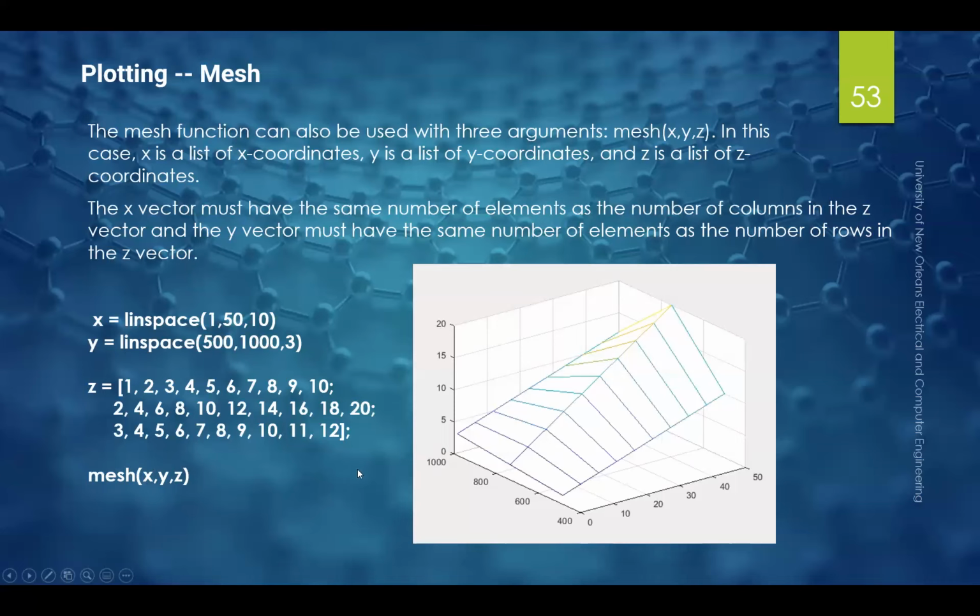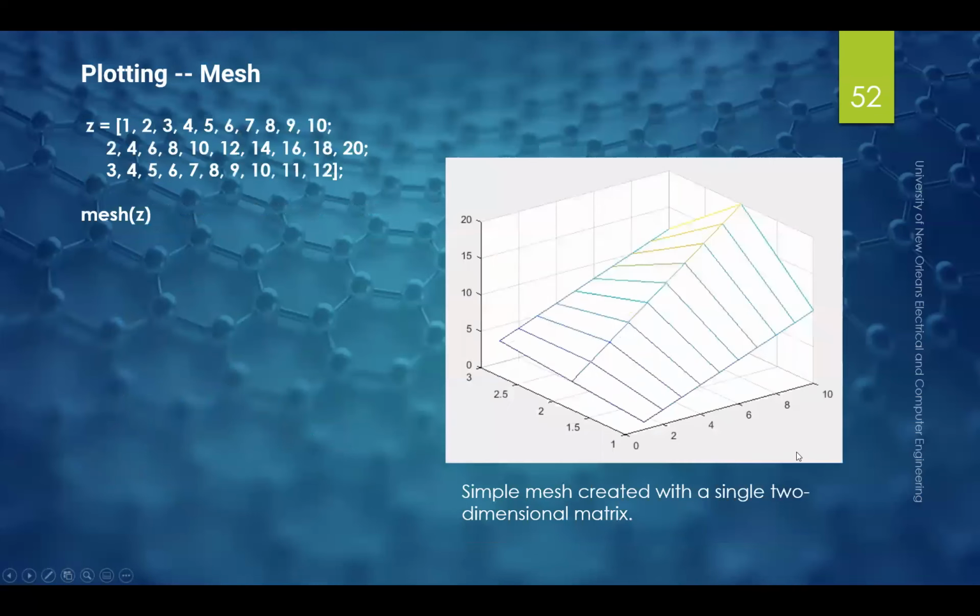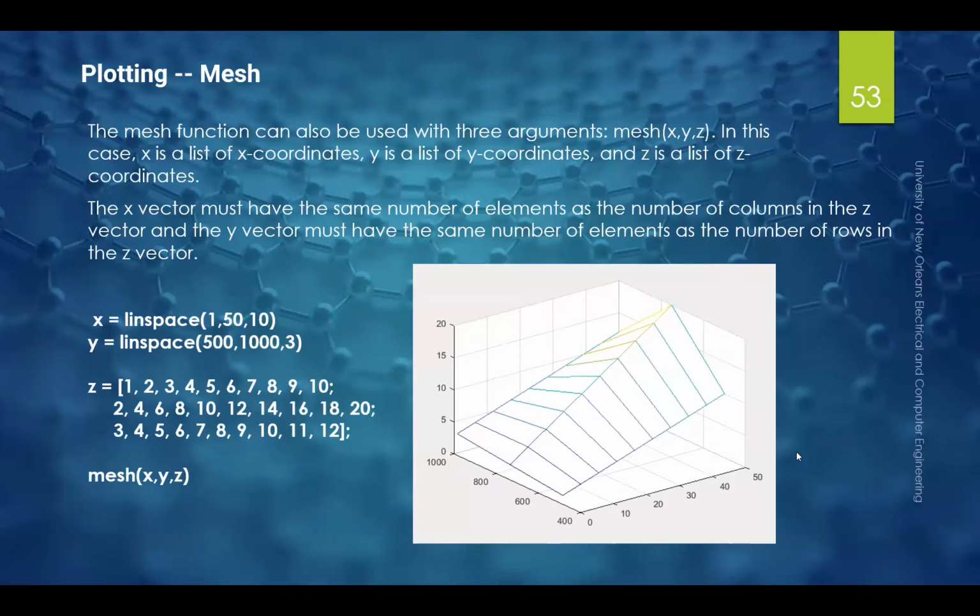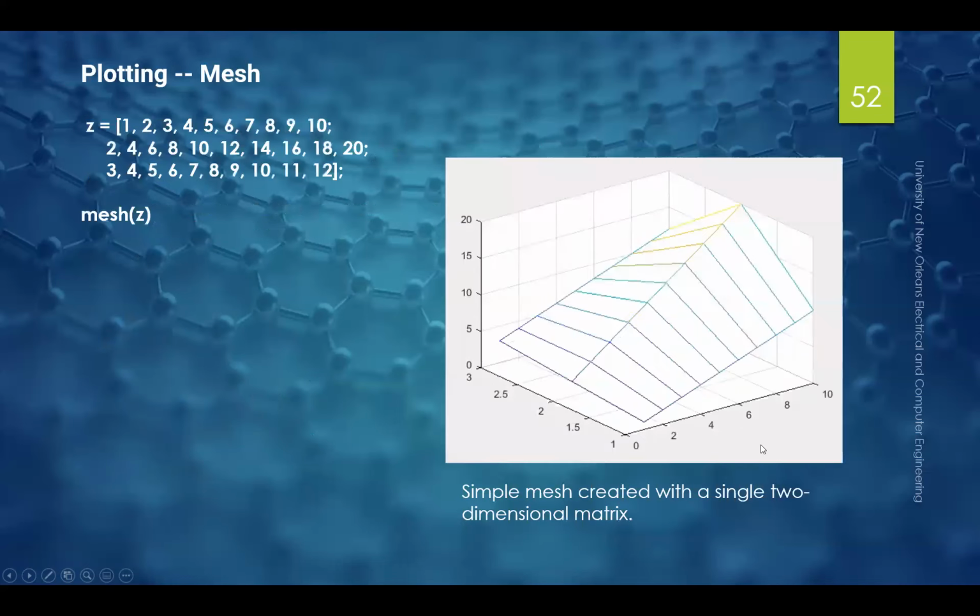Now it didn't change the shape basically, and it shouldn't change it. As you can see, it's still the same. But if I use the three argument command, I have more control over what I can see along the axis. See here, right? Previously, if I don't use the three variable command, then MATLAB will decide how to show it.